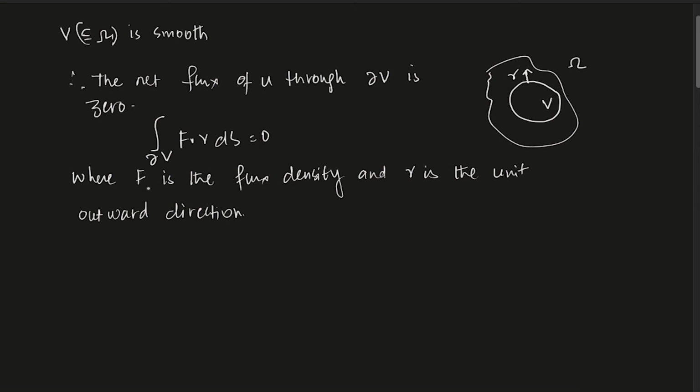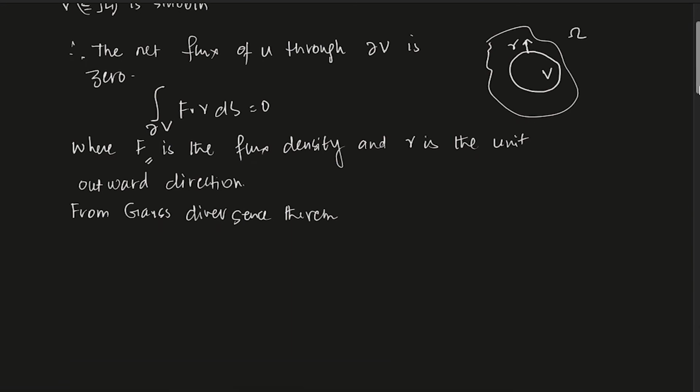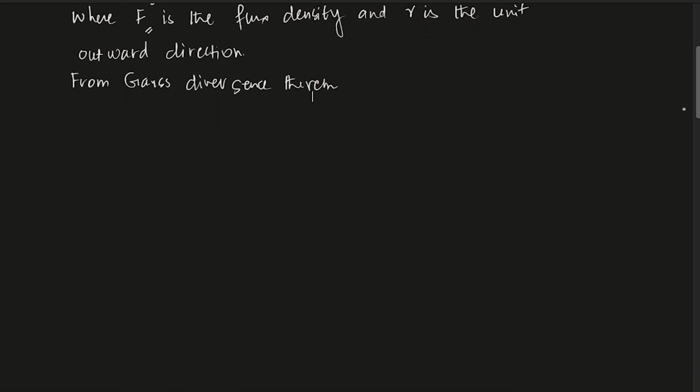So if F denotes the flux density, then in any direction gamma, if you take the integral of the flux density, that is going to be zero. Now, from Green's theorem or Gauss divergence, if you remember, when you looked at integration by parts, I said it is one of the most important things you can learn.